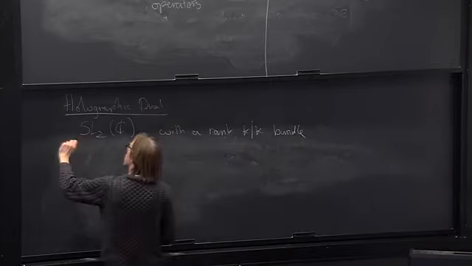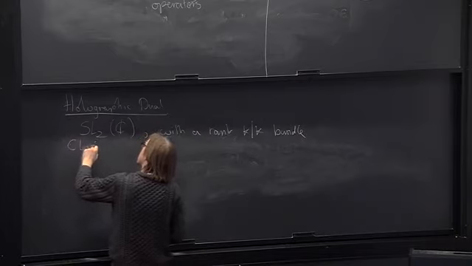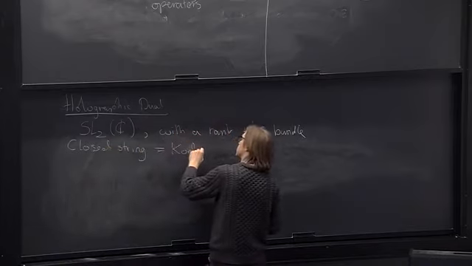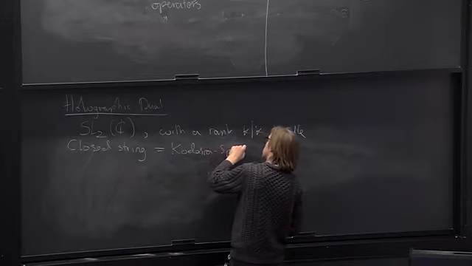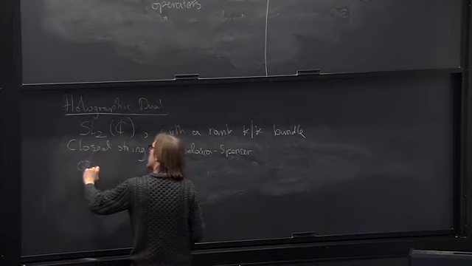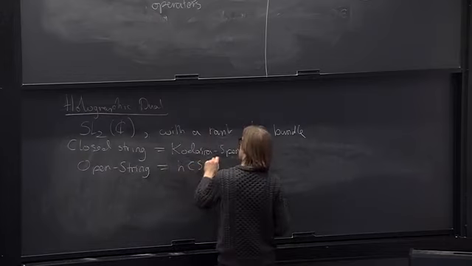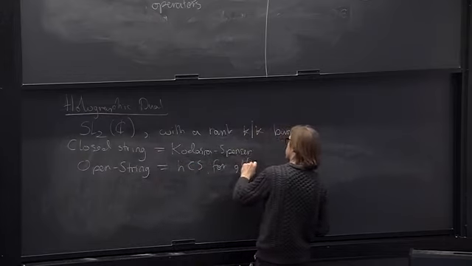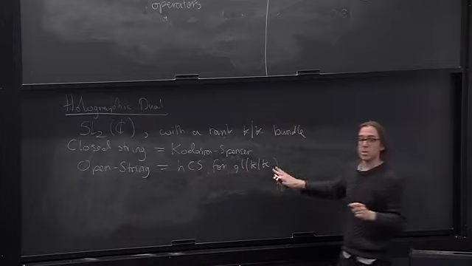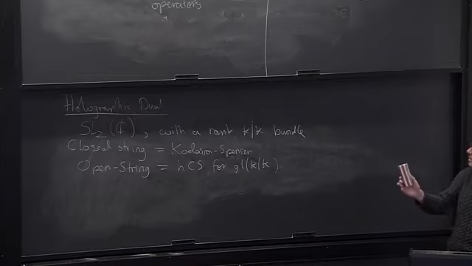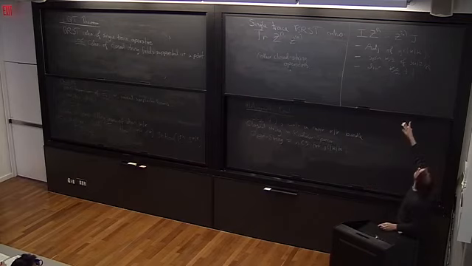So we have the closed string sector, which is Kodaira-Spencer theory, and then the open string sector, which is holomorphic Chern-Simons for GLK slash K. So what we're going to do is compactify the manifold, put some boundary condition for the open string sector, and then modifications of the boundary condition will be by those operators.